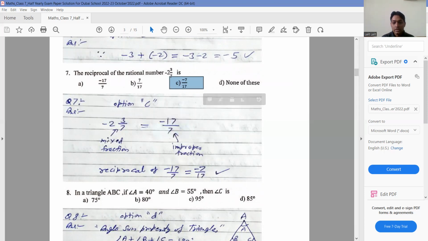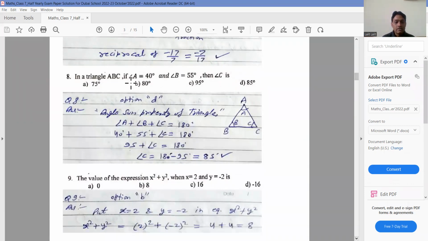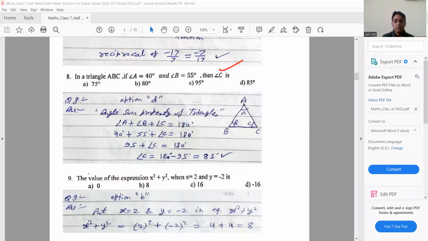The next question is, in a triangle ABC, if angle A is 40 and angle B is 55, what is the value of angle C? I have drawn a figure of triangle ABC where angles A and B are given, and we know the angle sum property of a triangle.